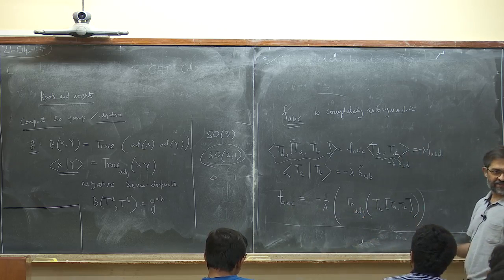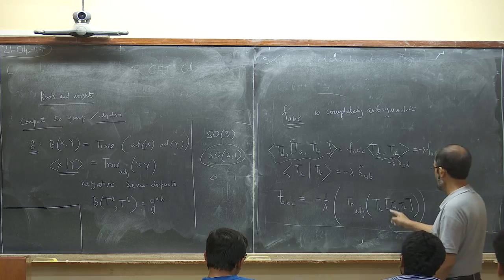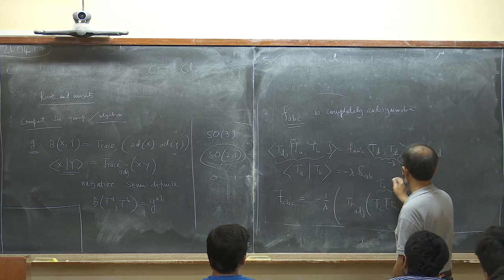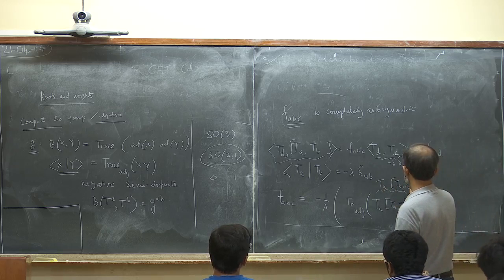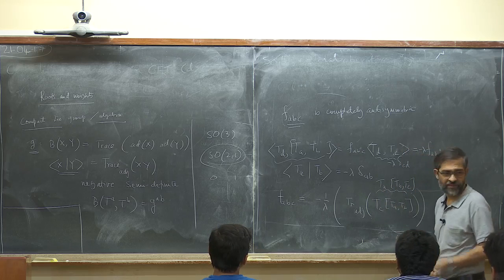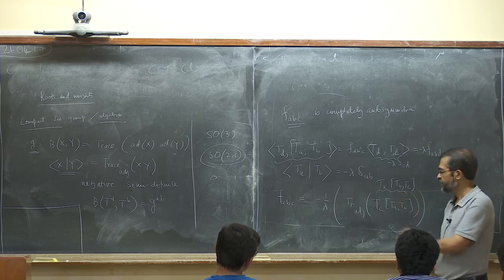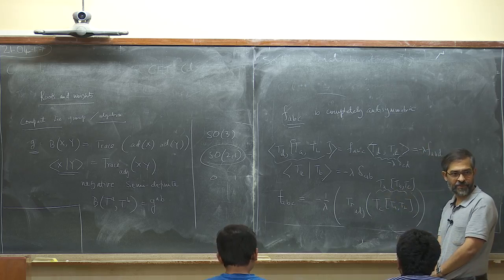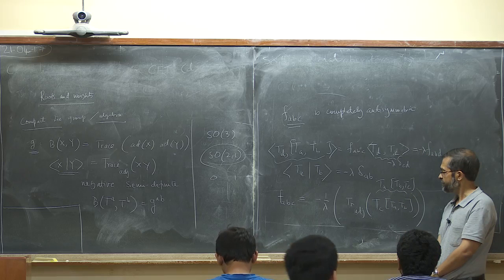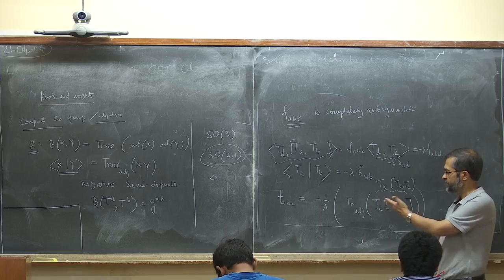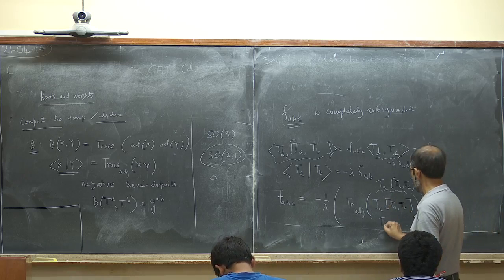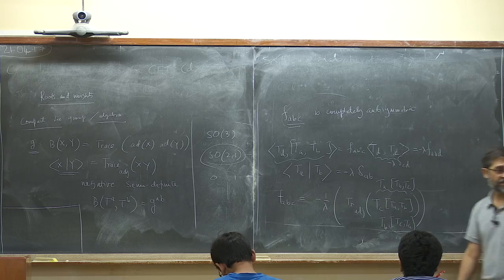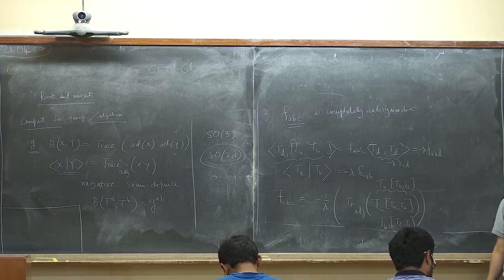That is by using the cyclicity of the trace. This object is also the same as T_A, T_B, T_C. Within the trace you can cyclically permute all objects. So now it is antisymmetric in B and C, and similarly it is also antisymmetric in the other combinations. It's T_B, T_C, T_A, so it's also antisymmetric in A and C. Therefore it's completely antisymmetric.